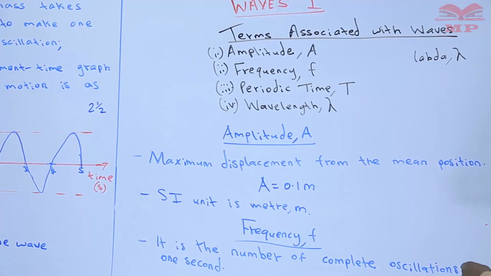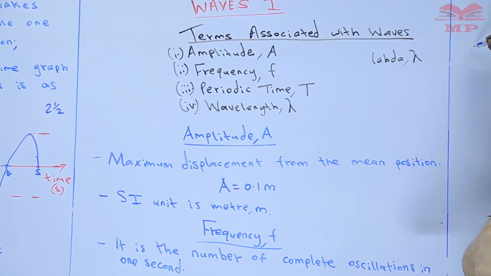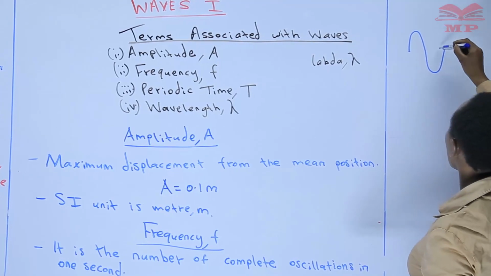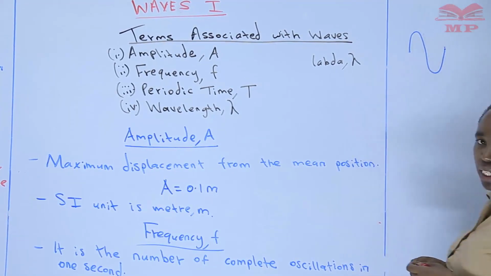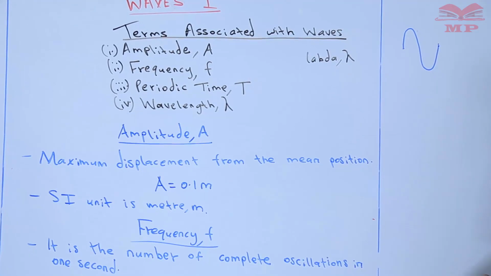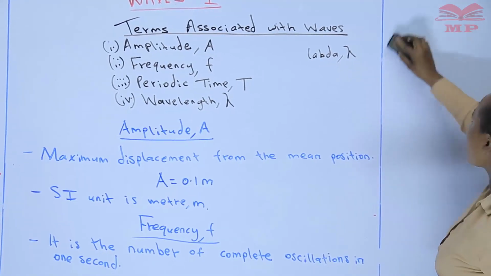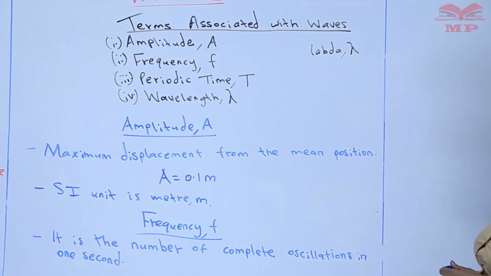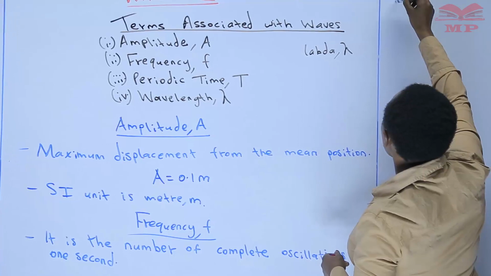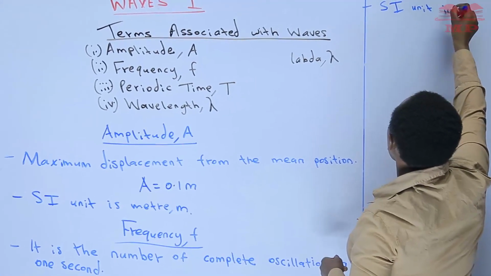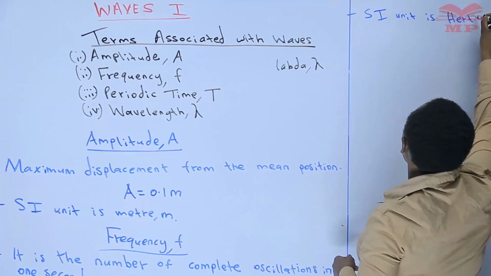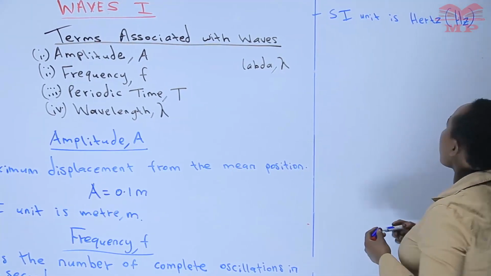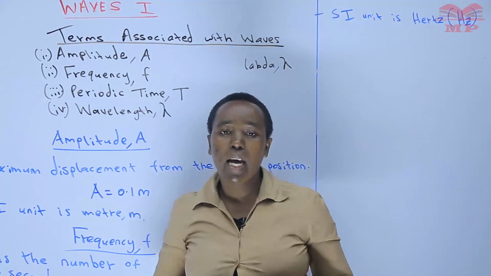If we have a transverse wave and it moves from this point down and up to the same position, then that is a complete oscillation. So the number of those complete oscillations in 1 second, we refer to it as frequency. And the SI unit is hertz, which we write as this.